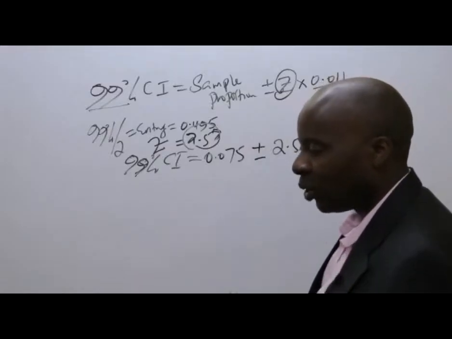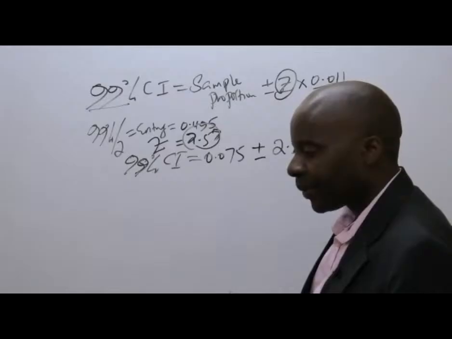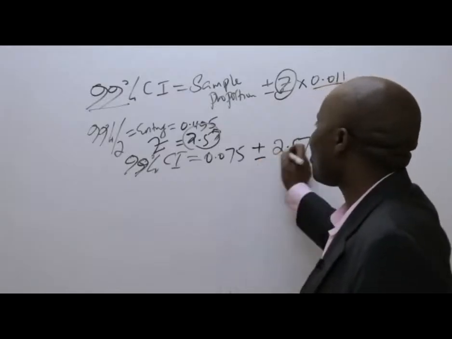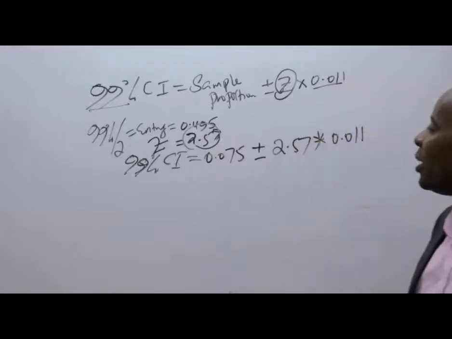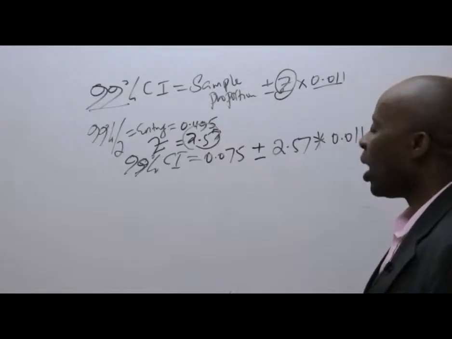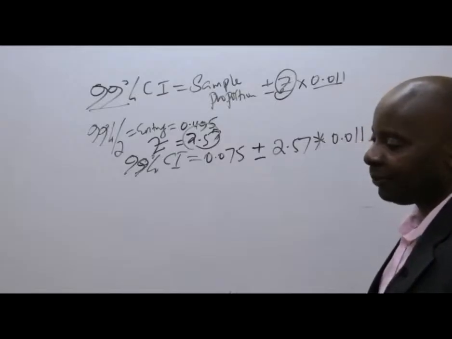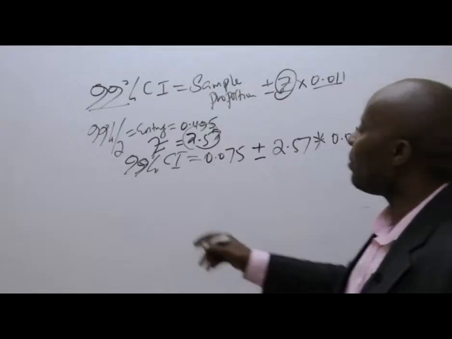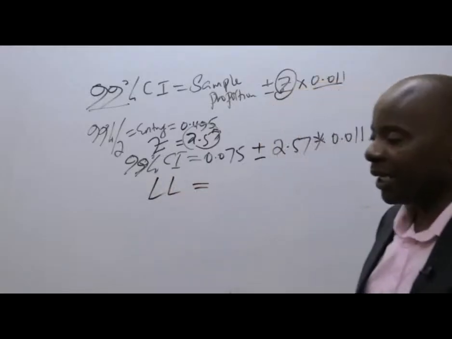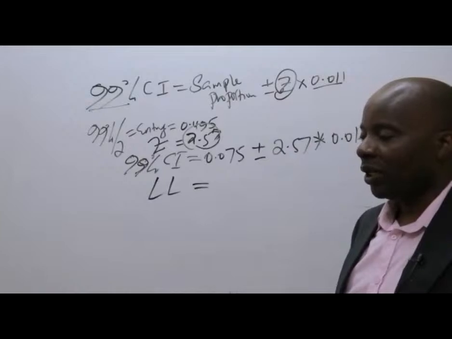Remember, to get the lower limit, what you'll do is subtract. You'll take 0.075 minus 2.57 times 0.011. Come here and give us the lower limit. What do we have here, somebody?